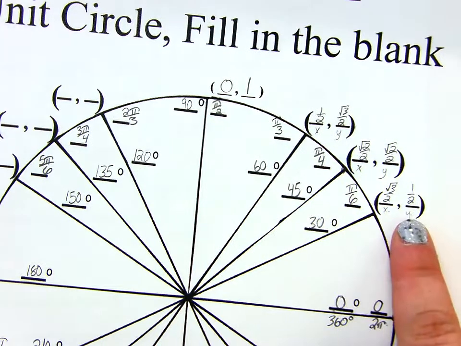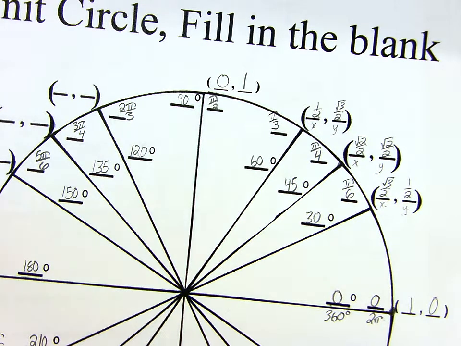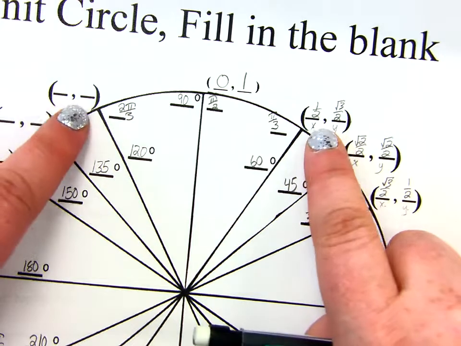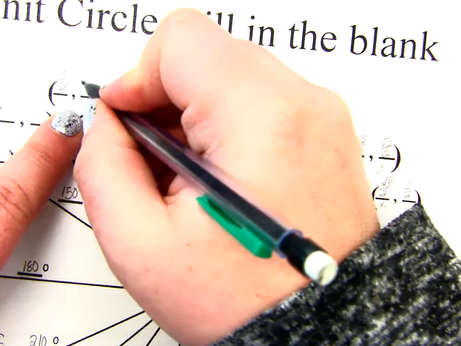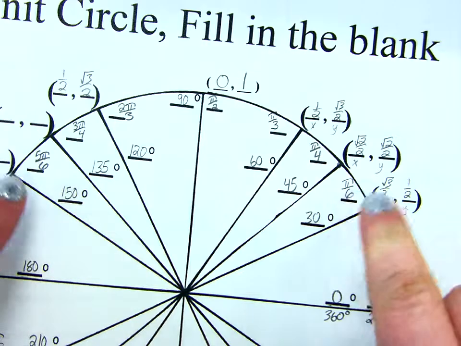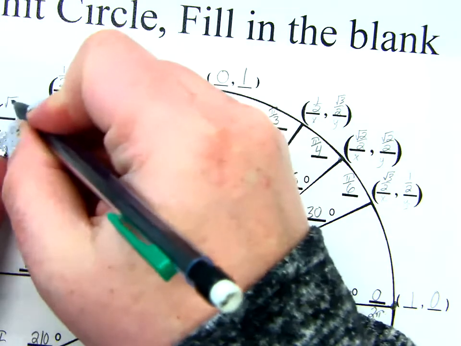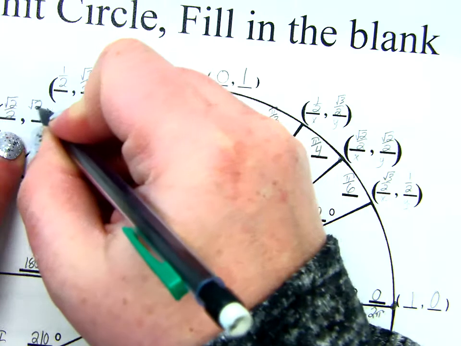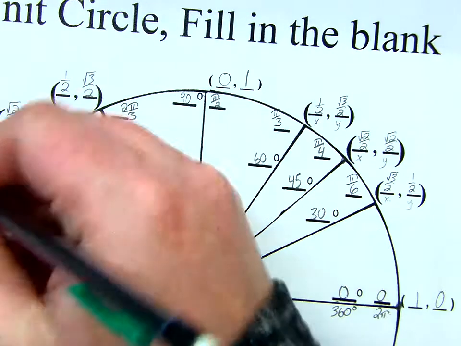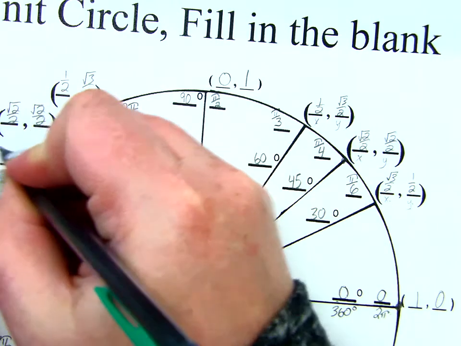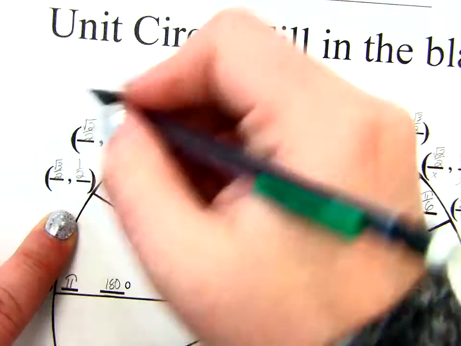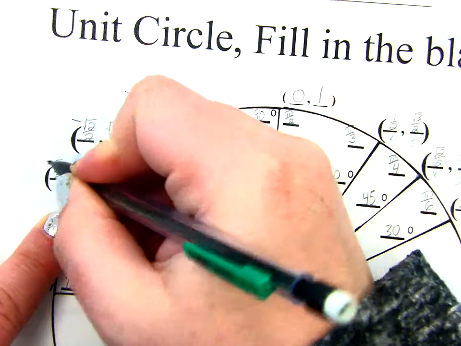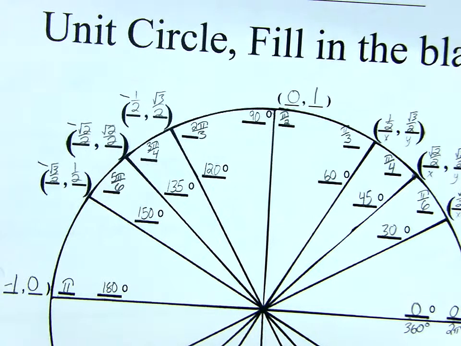So really, once you have the first quadrant, you have all the others if you know how it all works. So these two are the same. So that's going to be a 1/2 root 3 over 2. These two are the same, and these two are the same. You just need to make all of the x's negative, so don't forget to do that, because that's important.